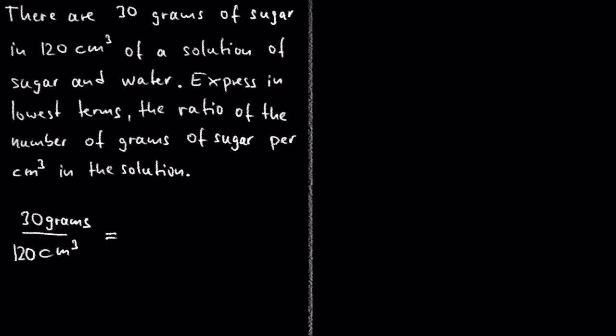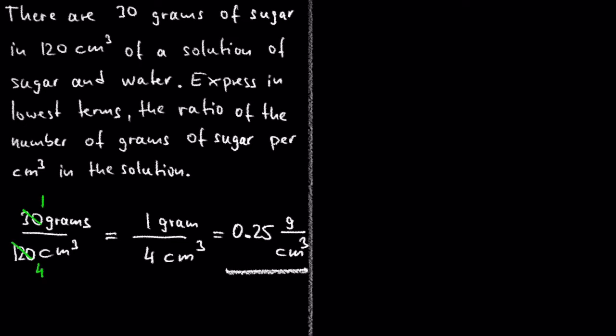And after simplifying, we get 1 gram per 4 cubic centimeters, or 0.25 grams of sugar per cubic centimeters of solution.